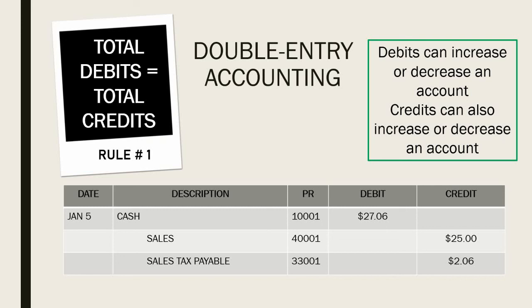All right, well, here is a perfect example of the double entry, right? We're journalizing our cash and we have our equal and opposite credit for sales and sales tax payable. For QuickBooks, you enter a bill, you're only entering it one way. You don't need to find the actual equal or opposite other account.